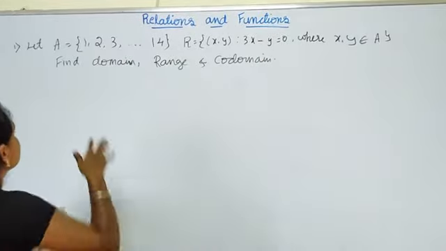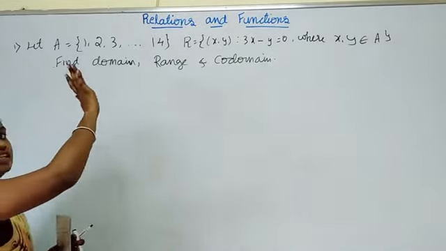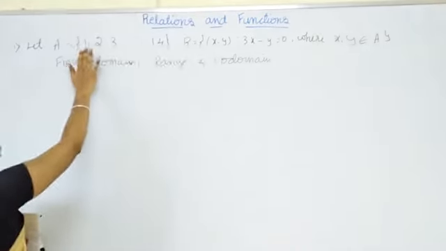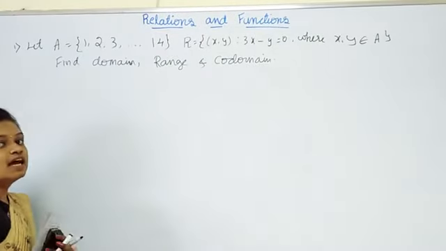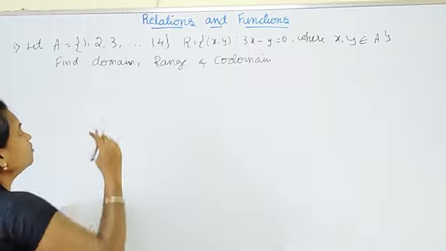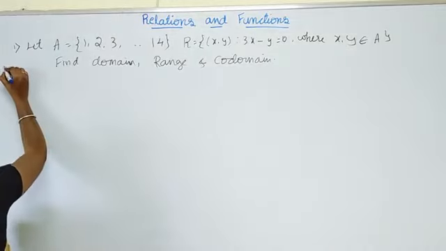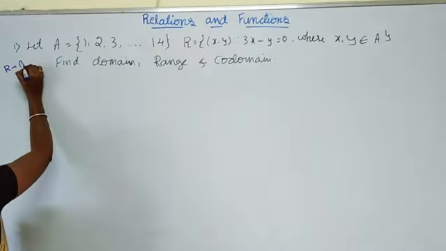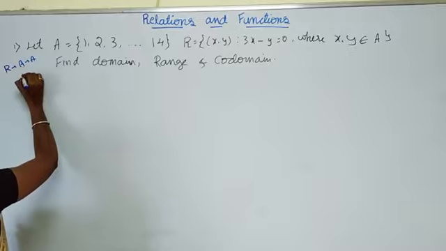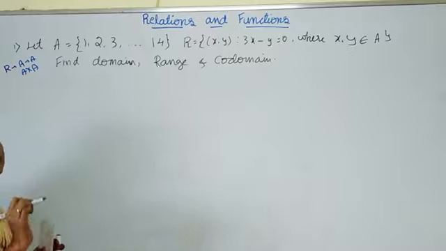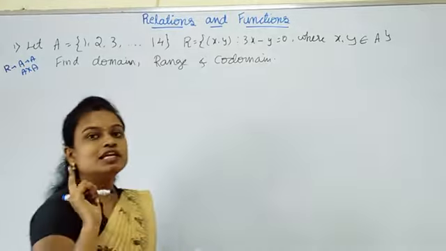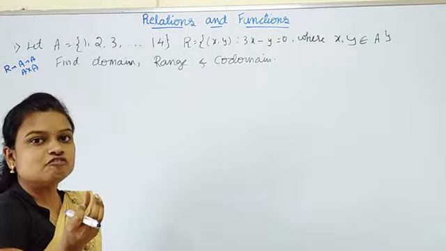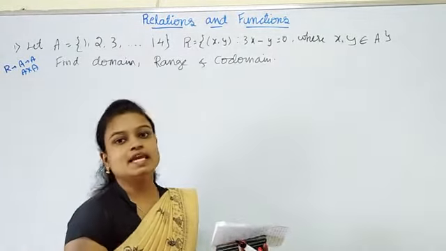Here they have given the set A from 1, 2, 3 up to 14 and defined a relation from A to A. A relation from A to A means it is a subset of A cross A. Here they give only one set and the relation is defined from A to A itself.